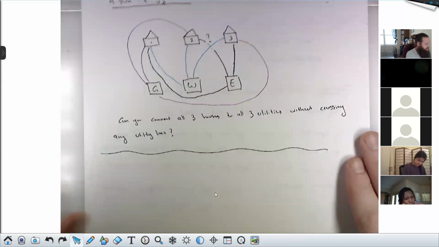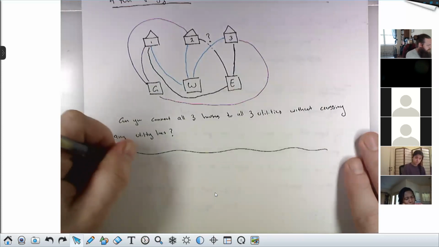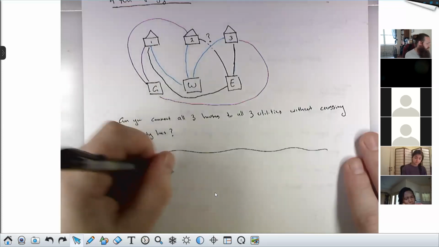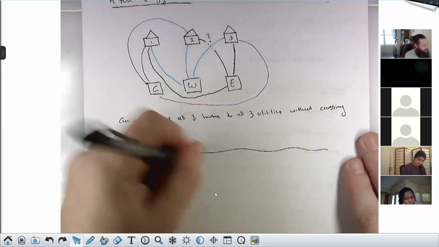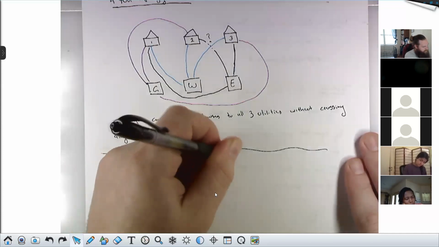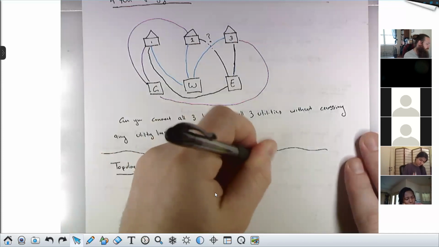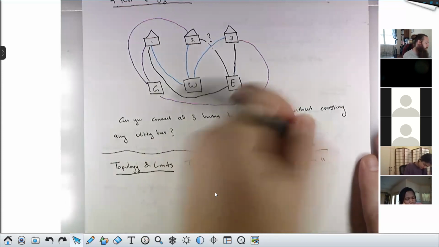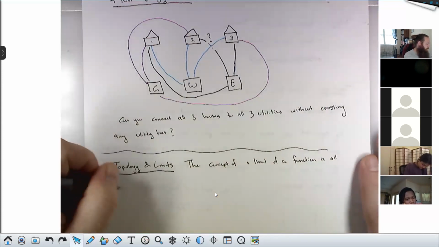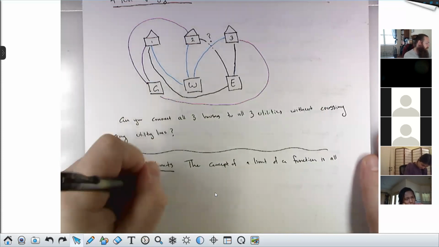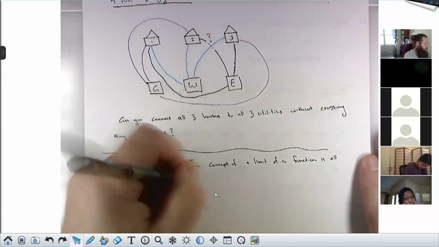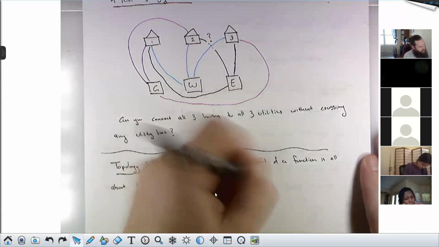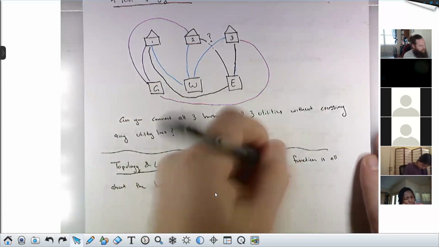So, topology and limits. The concept of a limit of a function is all about the behavior of that function on open intervals.